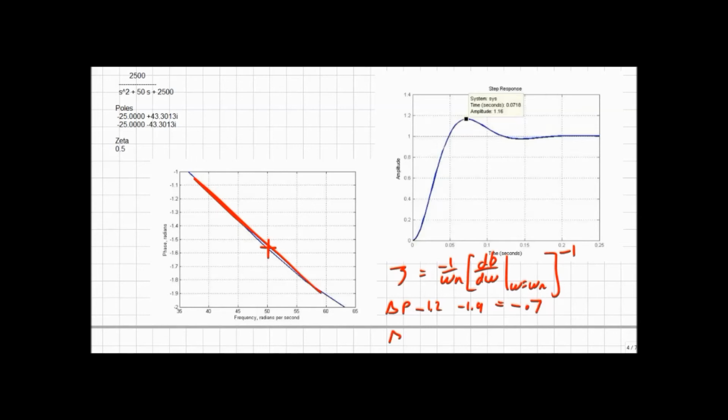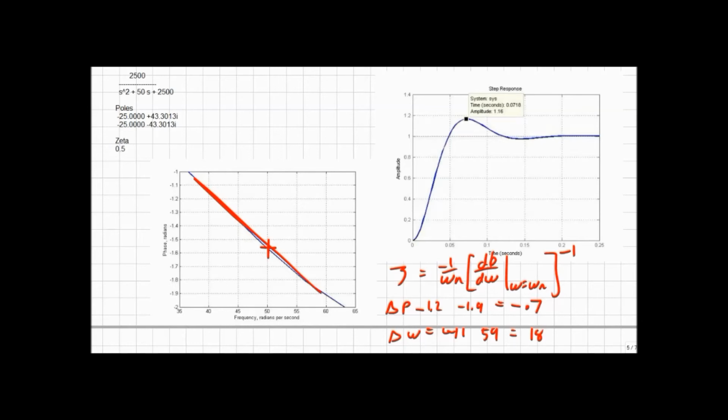My delta omega at those points was equal to 41 and 59, and I should have written them in the other direction, but that gives me a delta of 18.